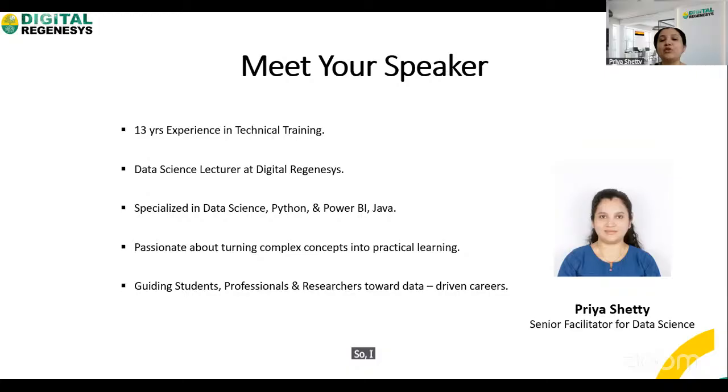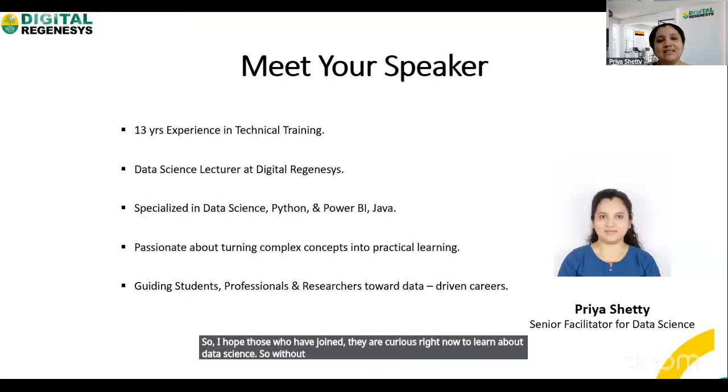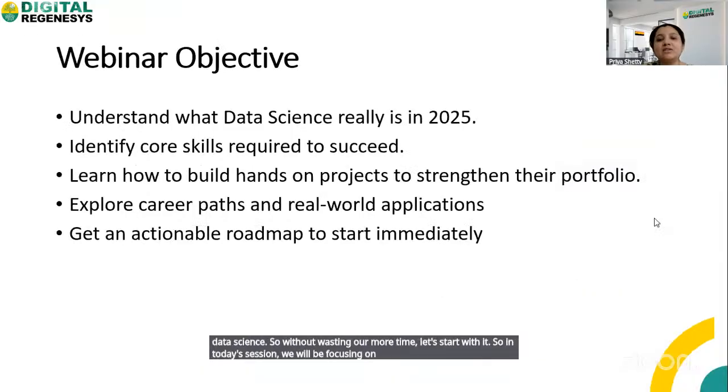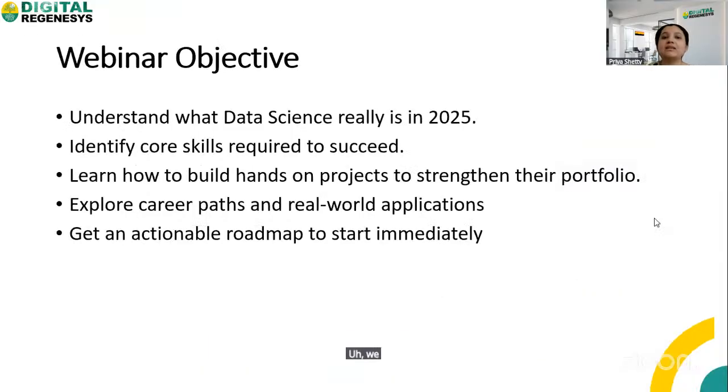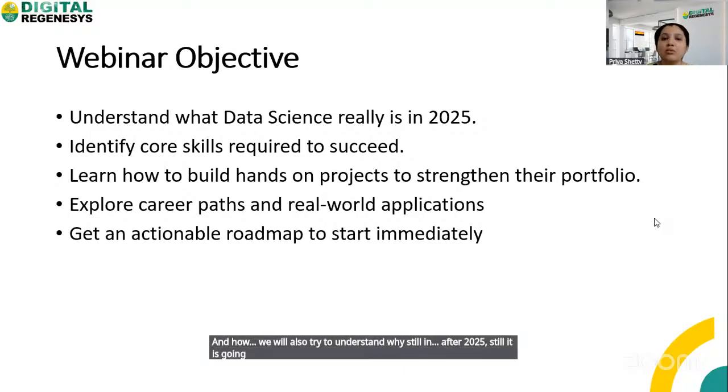I hope those who have joined are curious right now to learn about data science. So without wasting more time, let's start. In today's session, we will understand how data science was in 2025 and why it is still going ahead after 2025. We will understand what skills are required by companies to hire people for data science.